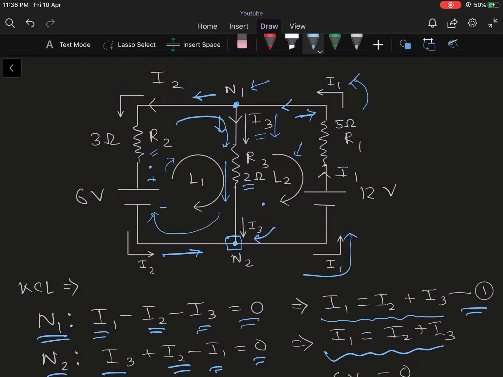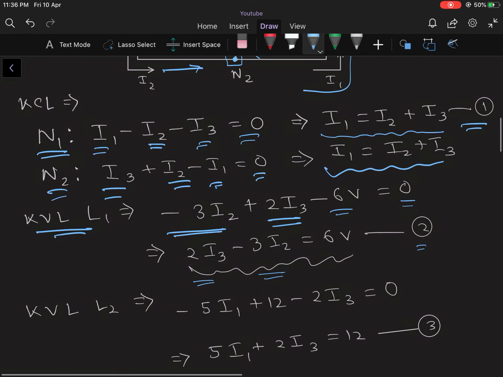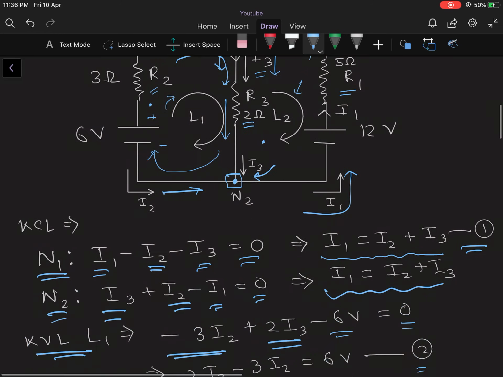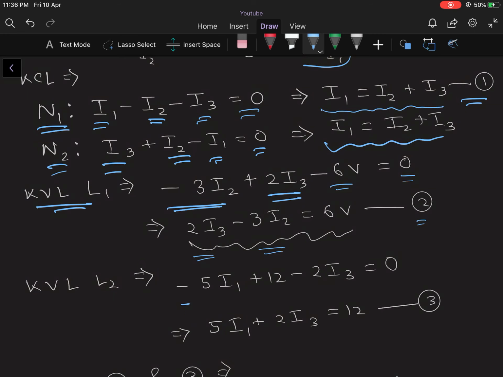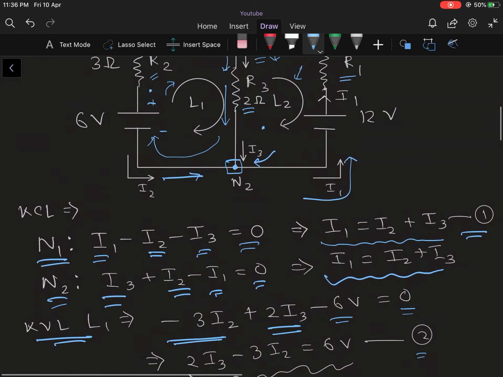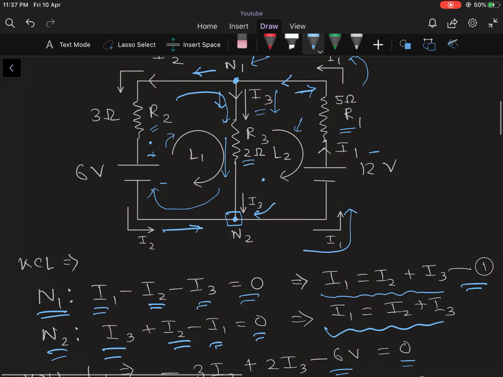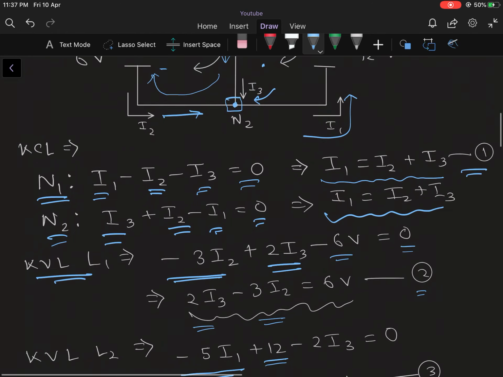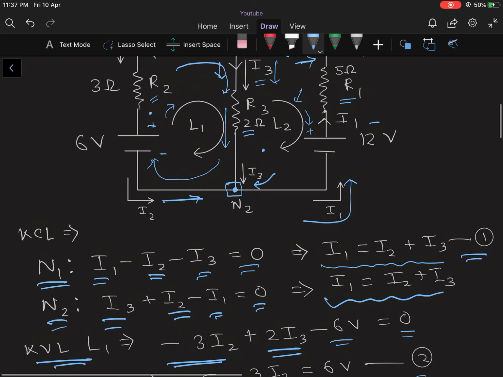The current is going in this direction. So our first term, the voltage drop across R1, will be 5 I1, but we have to give it a minus sign. Now when we arrive at the positive side of the battery, we see the positive side first, so we take plus 12 volt.